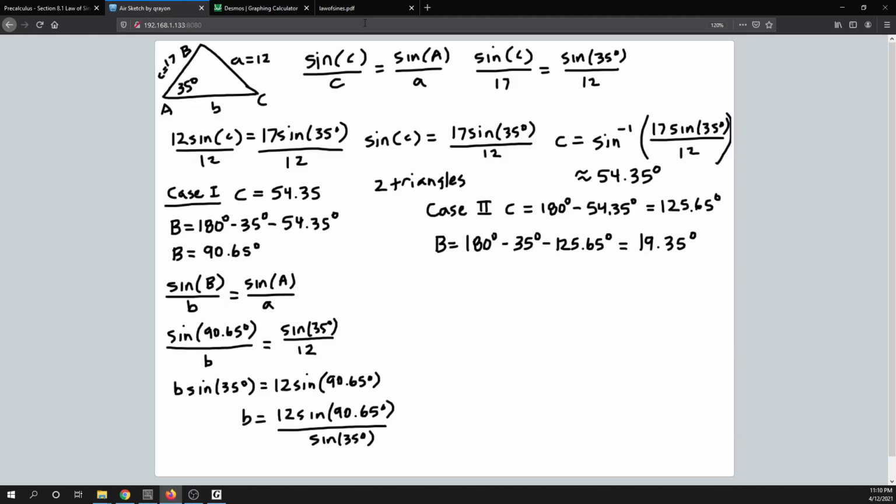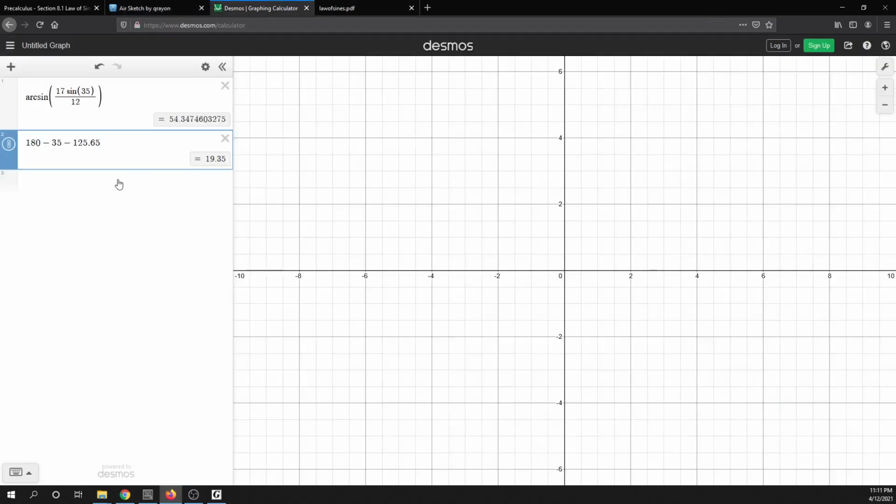All right, and go to the calculator. So 12 sine 90.65 degrees divided by sine of 35 degrees. And so I get B is approximately 20.92 units in this case here.